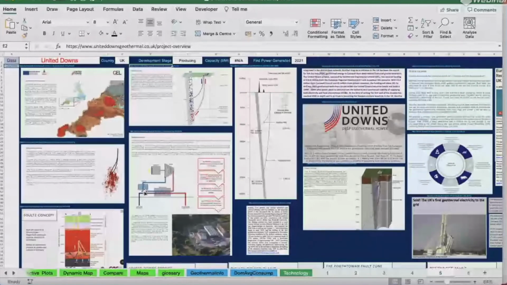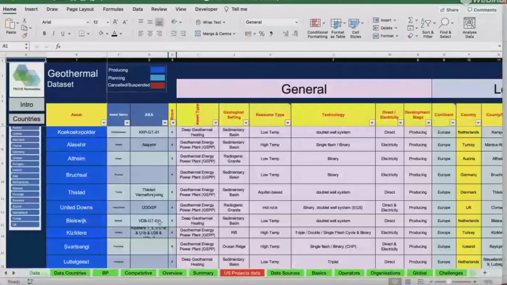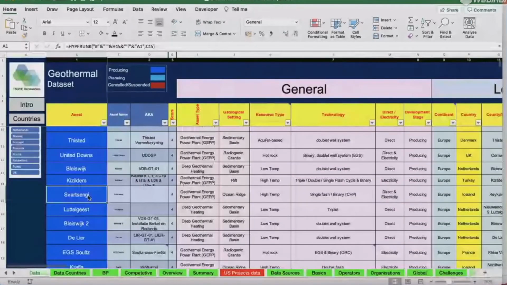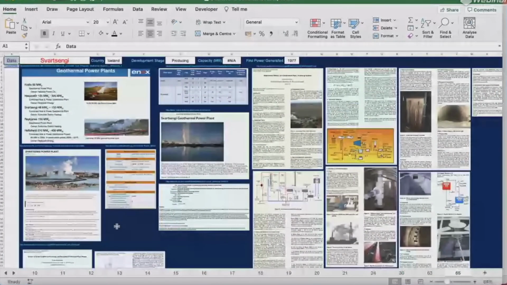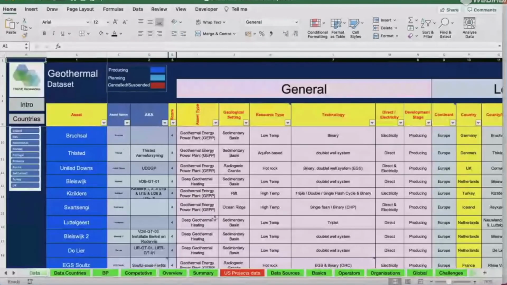And this includes stuff that you can't tabulate, such as power plant layouts, maps of the geology or the thermal resources and schematics of the well setup. And that's what you'll find when you click on any of these assets, just seeing a summary of the data, what's available. So here we look at a power plant setup, some nice pictures of it as well.